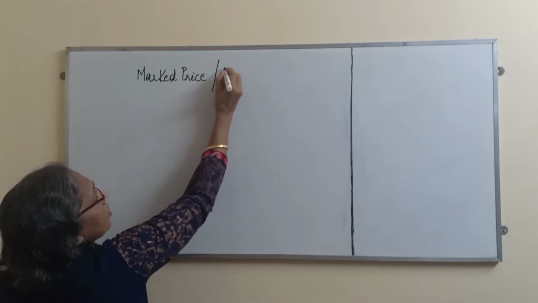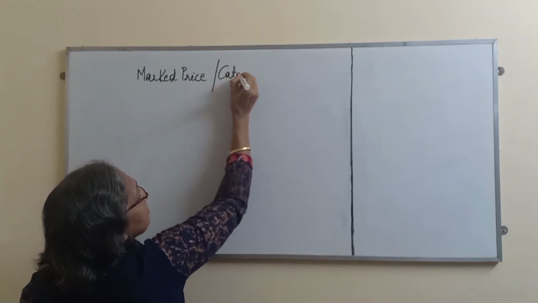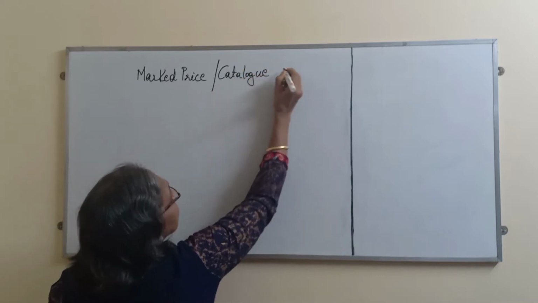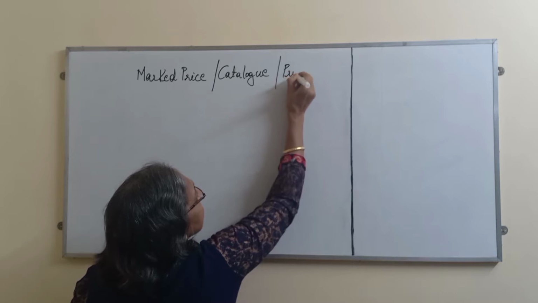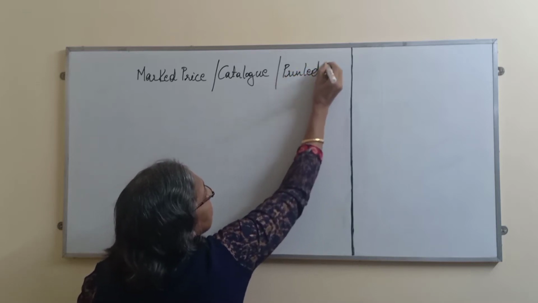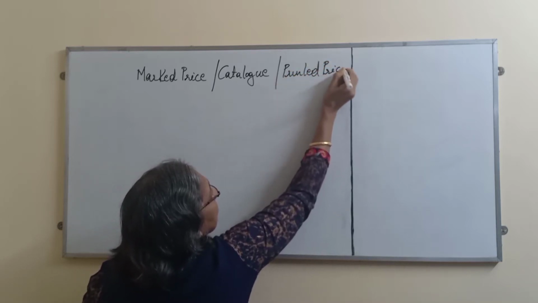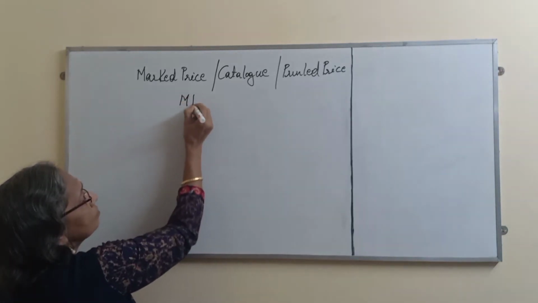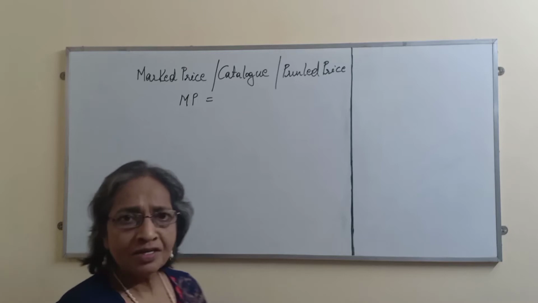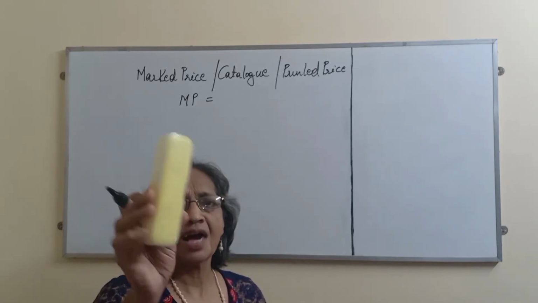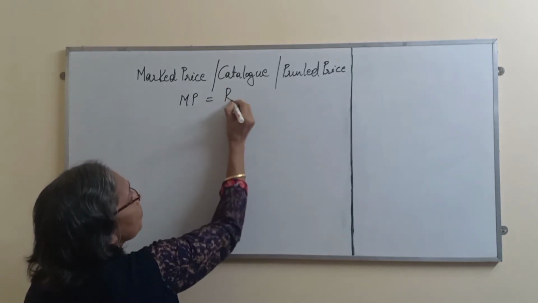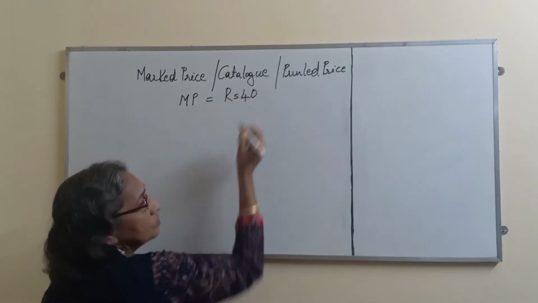It can also be called a catalog price, or sometimes it is called a printed price. Alright, so let's take for example the marked price of this article is say rupees 40.